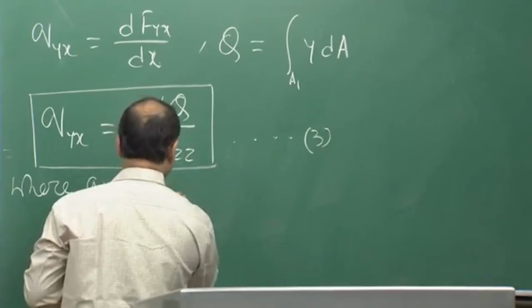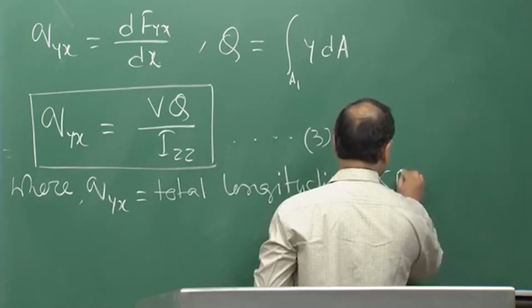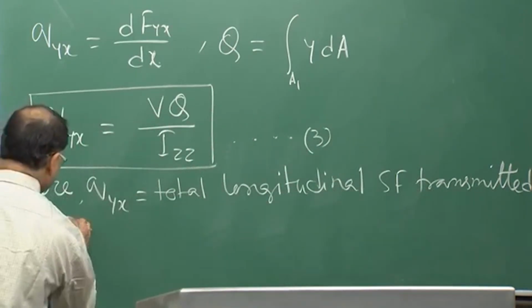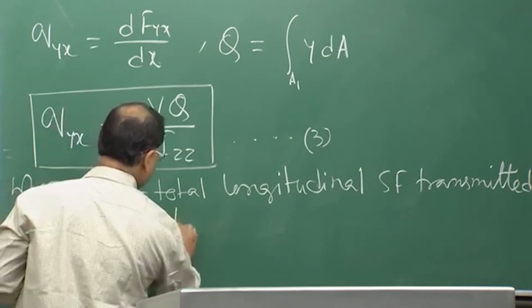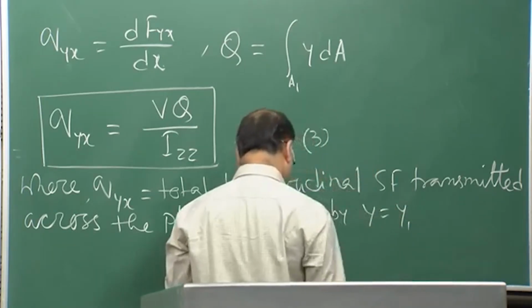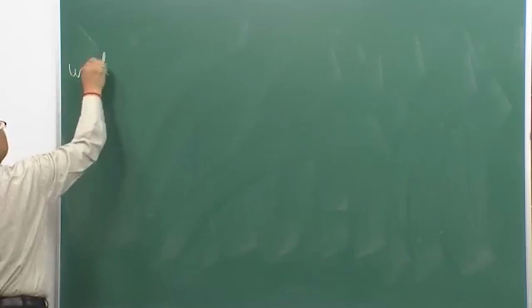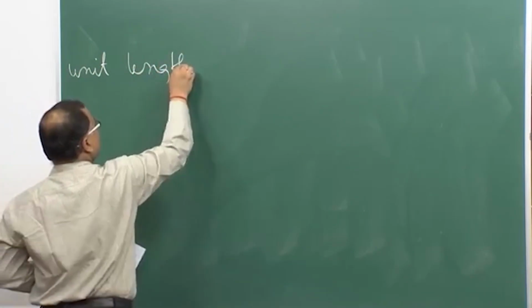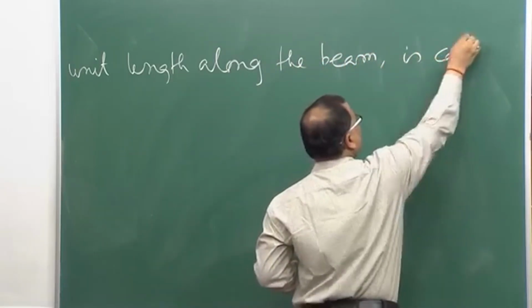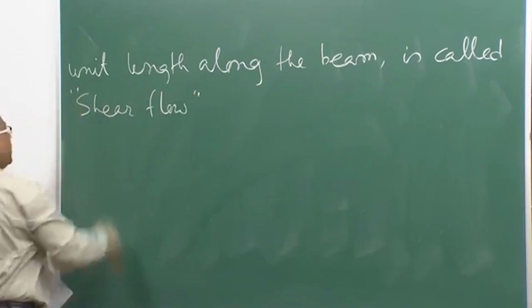So, that is nothing but the total longitudinal shear force transmitted across the plane defined by y is equal to y1, per unit length along the beam, and is called shear flow. Very important term.